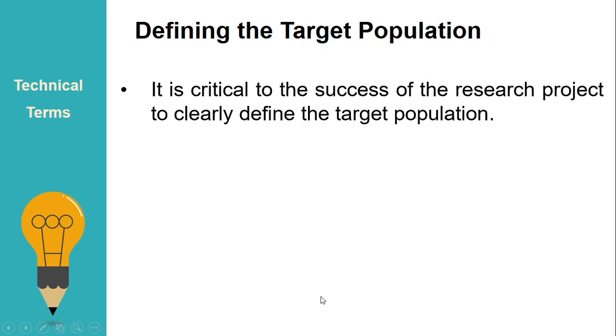The sample frame. Now we are talking about the target population. It is critical to the success of the research project to clearly define the target population. For each researcher, it is very important to define their target population, the population from which they will sample for their research based on the objectives.